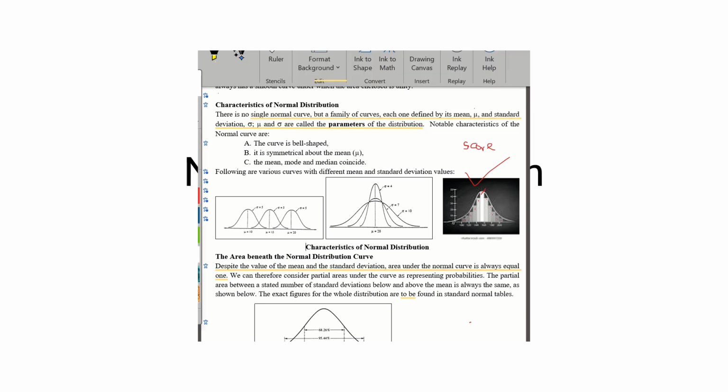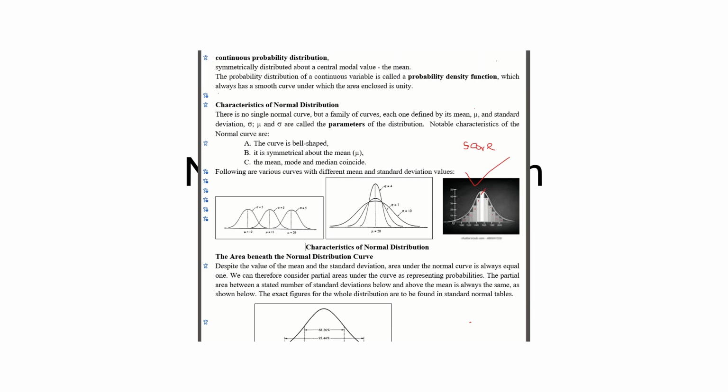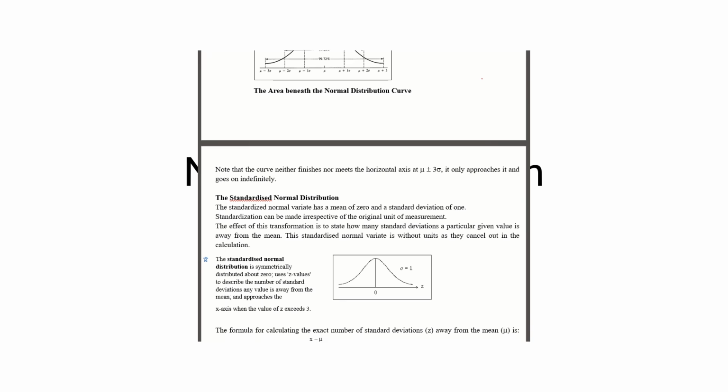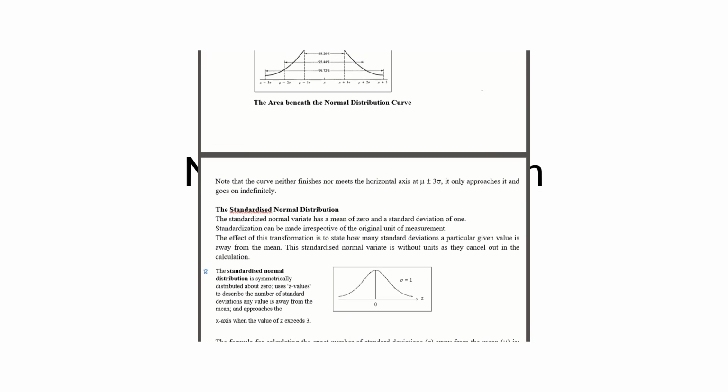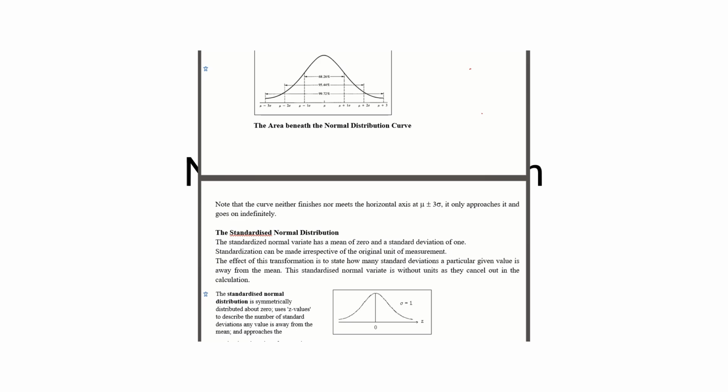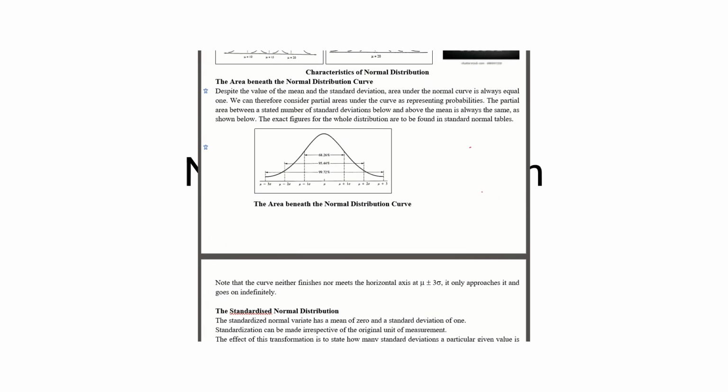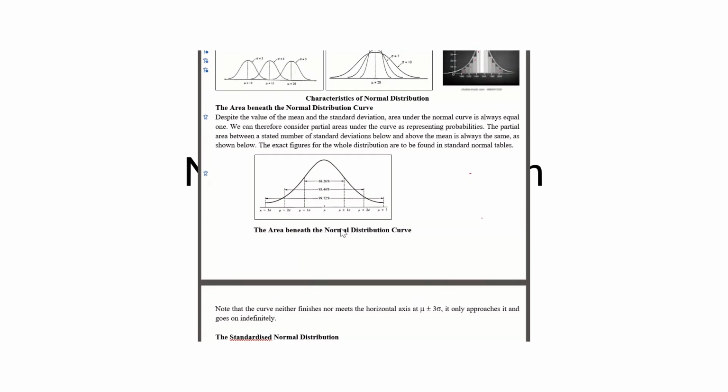So now let's explain the characteristics or the areas beneath the normal distribution curve. Here we want to talk about if you have a distribution this way, and the mean is here.